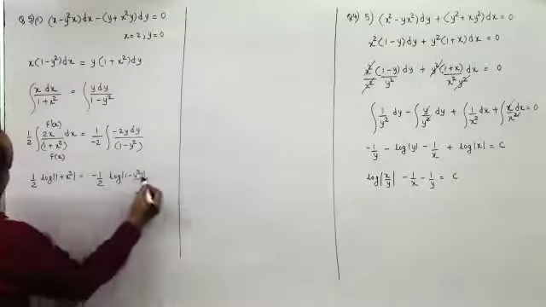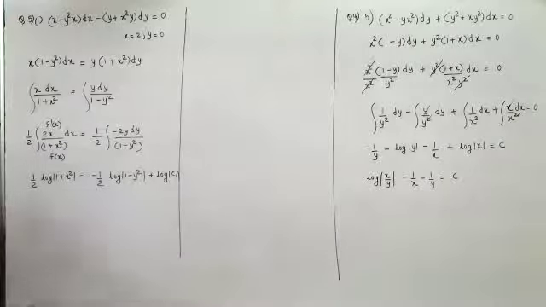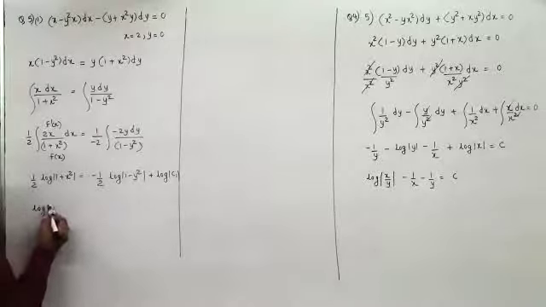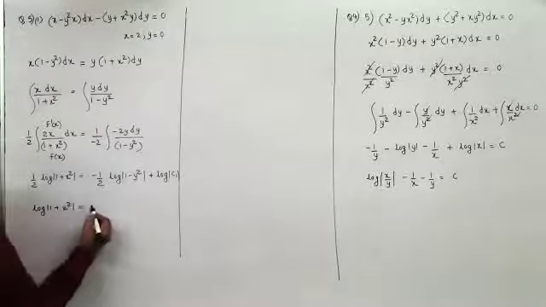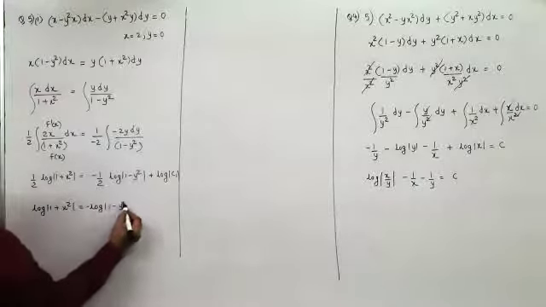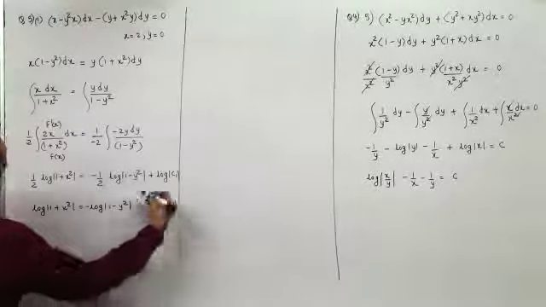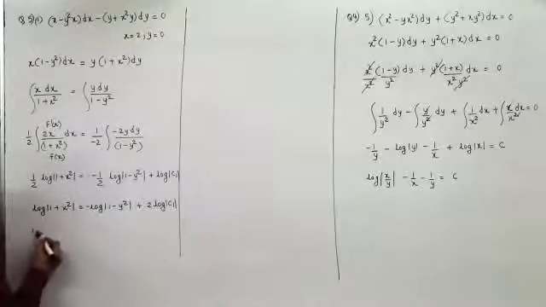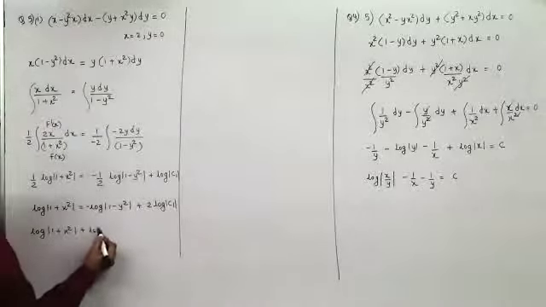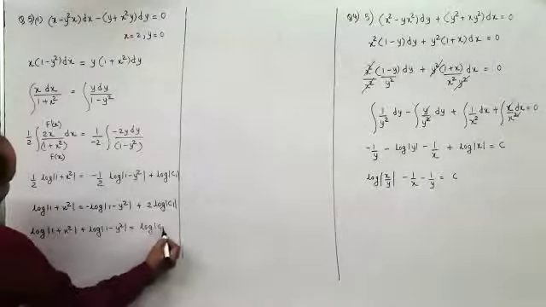Now since both are in terms of log, I'll get the constant also in terms of log itself. Now I'll multiply throughout by 2. So I'll get log of 1 plus x square equal to minus 2 upon 2 is 1 minus log 1 minus y square, and I'll get plus 2 log c1, or I can say it is log c1 the whole square. Now when I bring this to the left, I get log 1 plus x square plus log 1 minus y square equal to log c1 square.